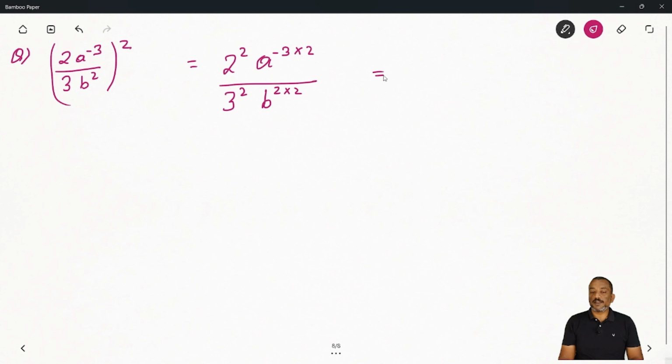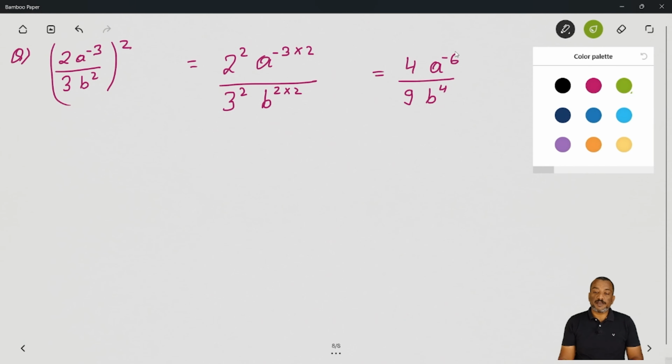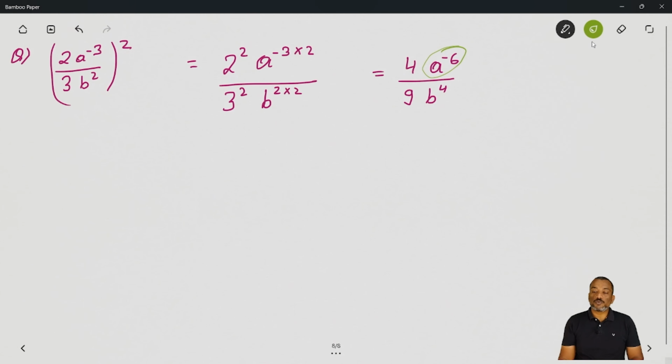So how much will you get? 2 squared is 4, a to the power minus 6, and 9, b to the power 4. Since the numerator has a negative exponent, we bring it down to the denominator. So we get 4 over 9 a to the power 6 b to the power 4. This is the final answer.